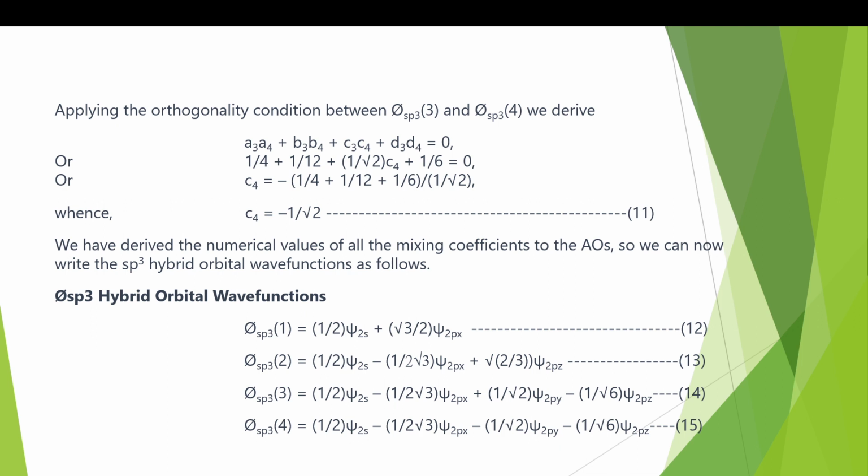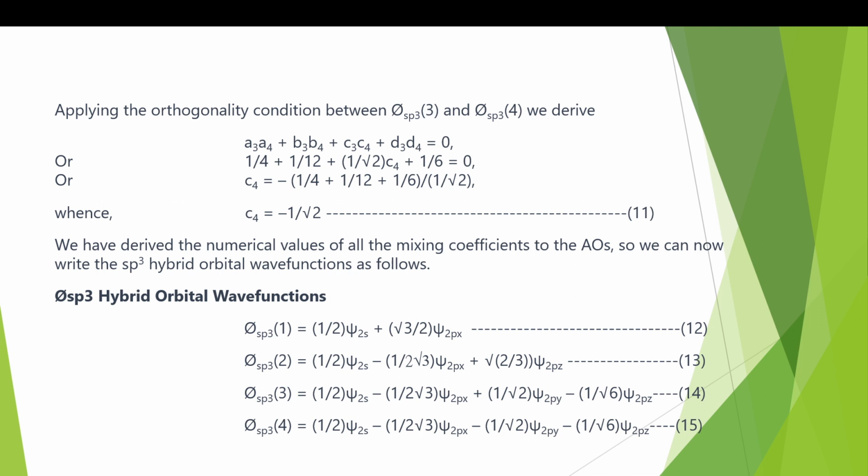See, the contribution of the 2s atomic orbital is the same for all four. The contribution of 2px is only for the first case. This much value for the first case. For the other three cases, the values are different from the first one.